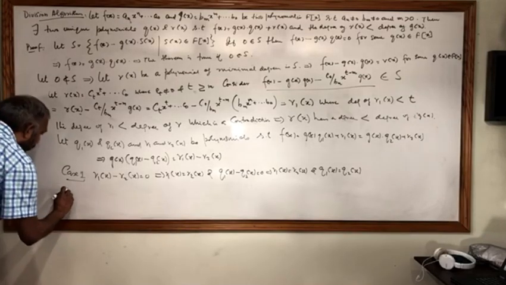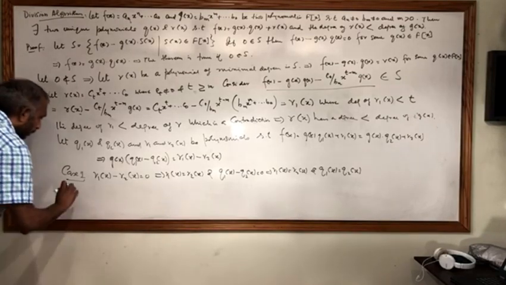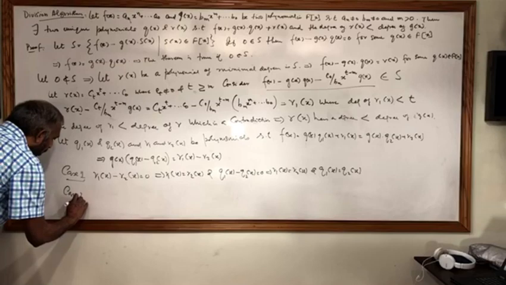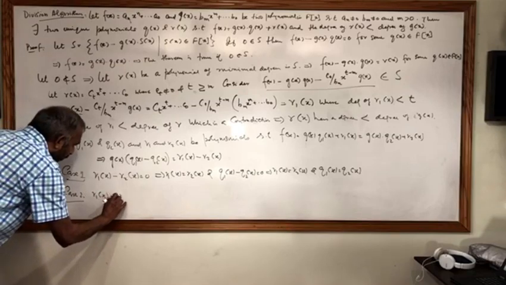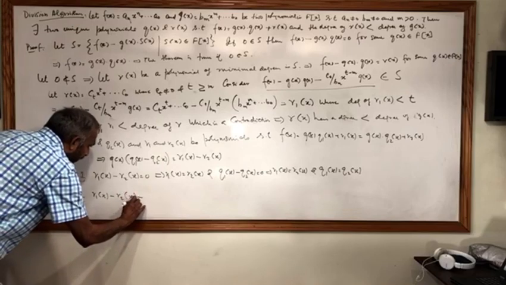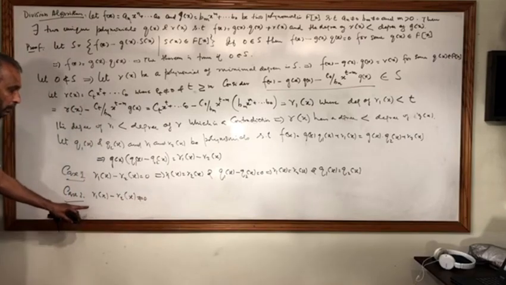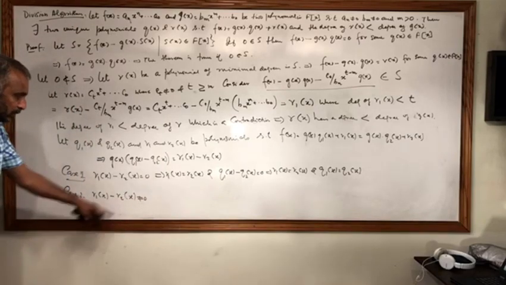Now case 2. Case 2 meaning r1 of x minus r2 of x is different from 0. This is not possible, but we are just assuming that this is not equal to 0.